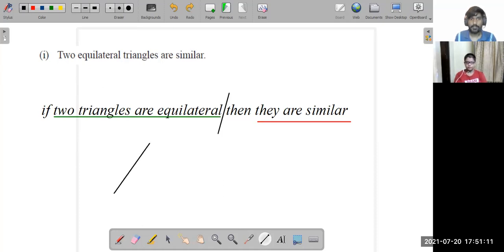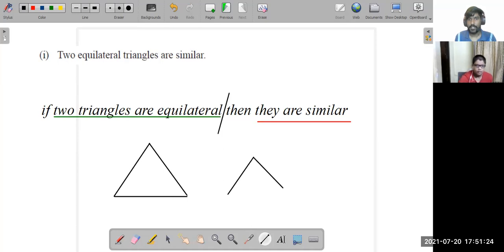What has to be the same in an equilateral triangle? All sides and all angles. Do you remember the measures of the angles of an equilateral triangle? 60.